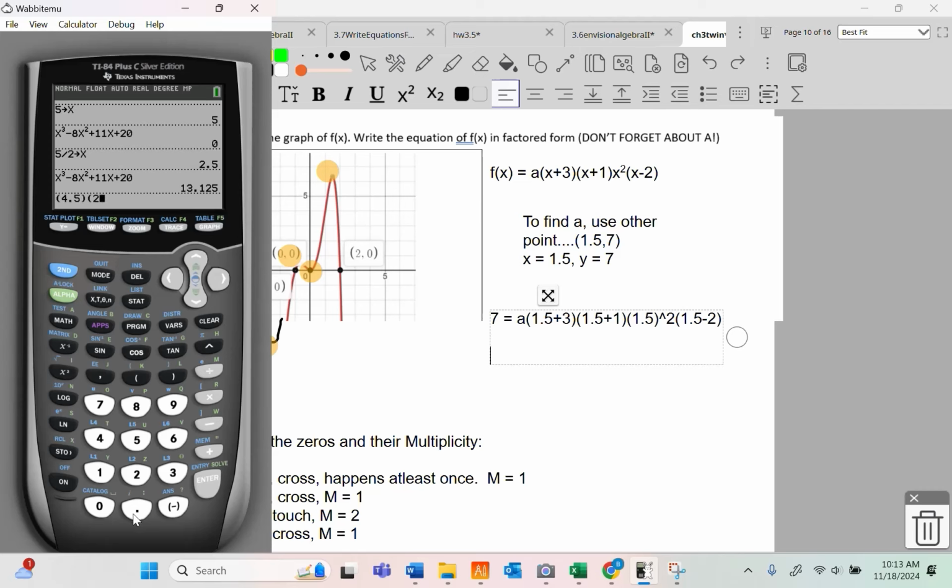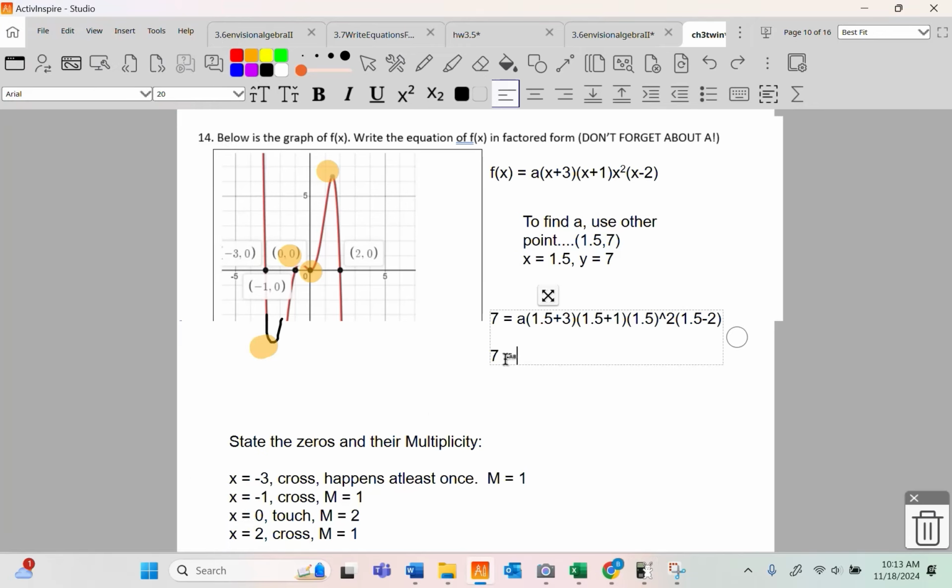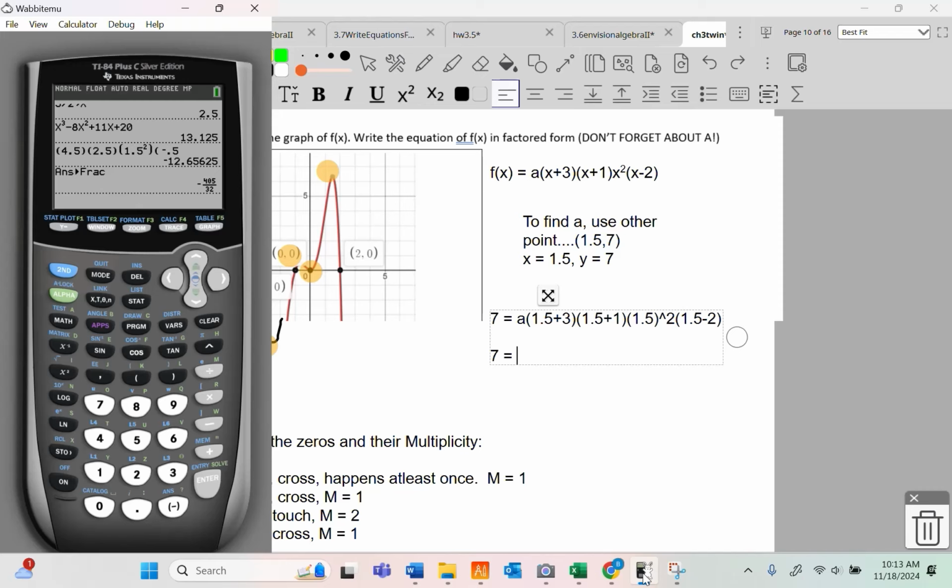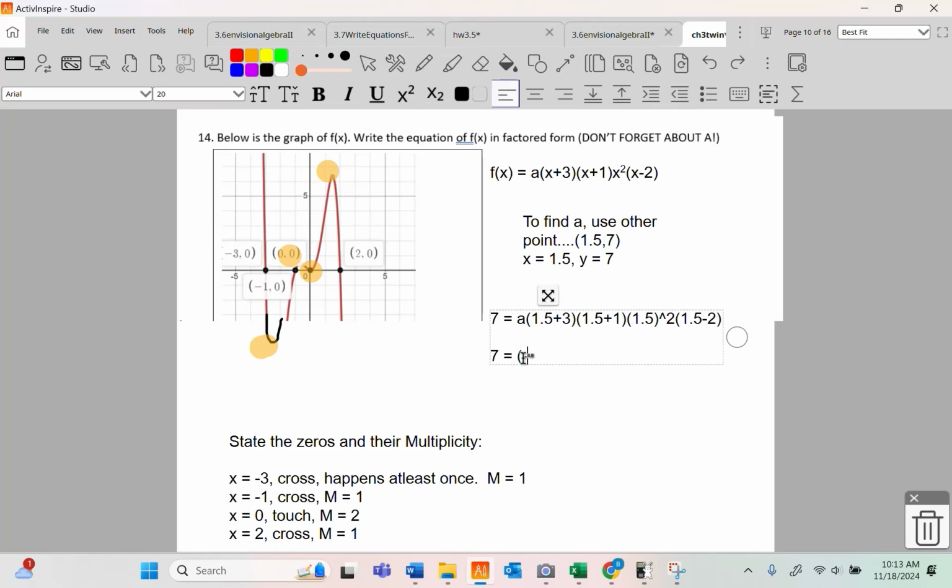The next one is 2.5. 1.5 squared should be 2.25, but who knows, I don't want to make any mistakes. Then we've got negative 0.5. Let me see if I can convert that to a fraction. And I can. Boy, this one's ugly. Don't worry, your test won't be that bad. Negative 405 over 32 a.